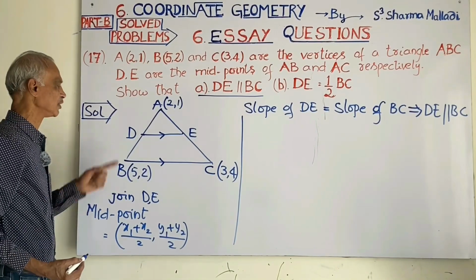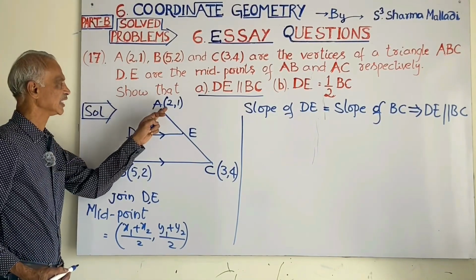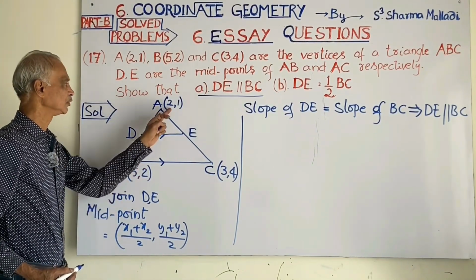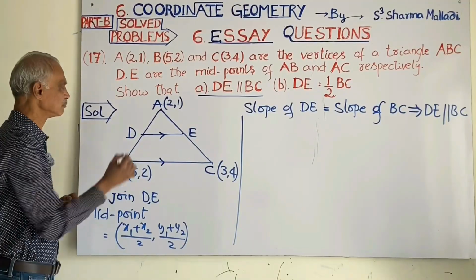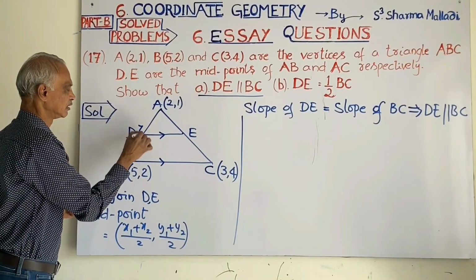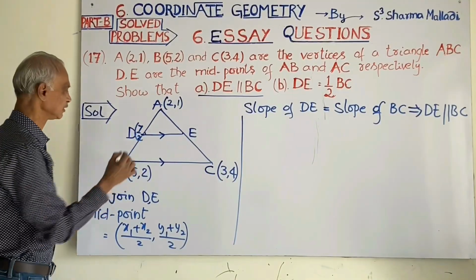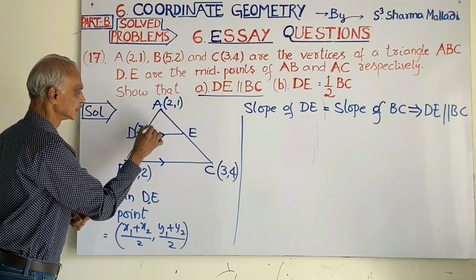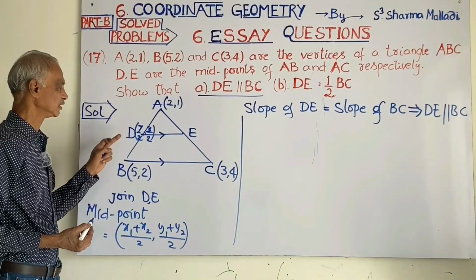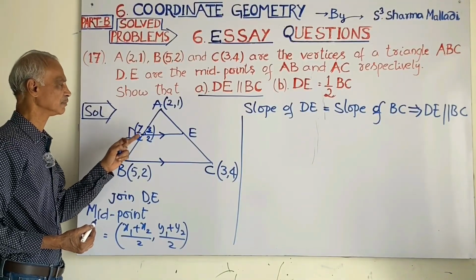Using this formula we have to find the midpoint. (2 plus 5)/2 is 7/2 comma (2 plus 1)/2 is 3/2. What is the midpoint of AB? D is (7/2, 3/2).